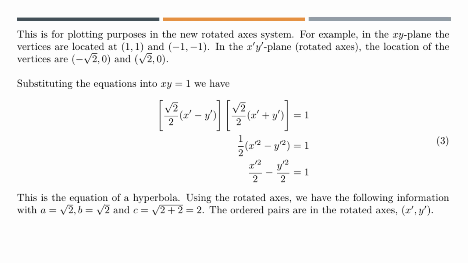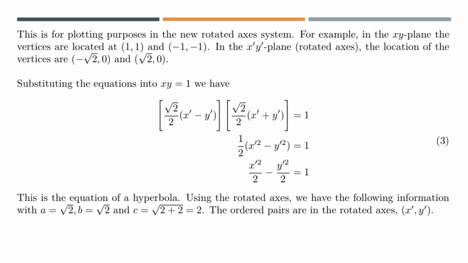Now substituting these rotation equations into our original xy equals 1, we have x, which is root 2 over 2 times (x prime minus y prime), and y, which is root 2 over 2 times (x prime plus y prime).